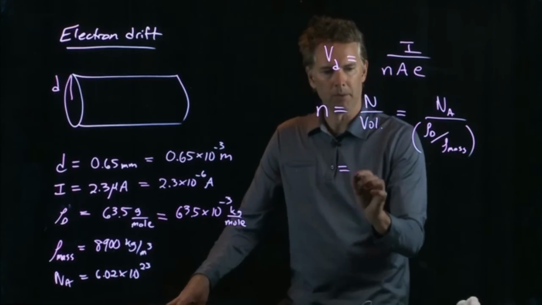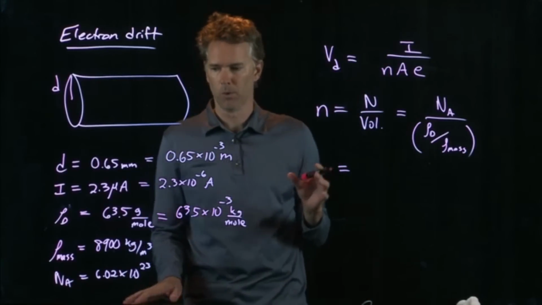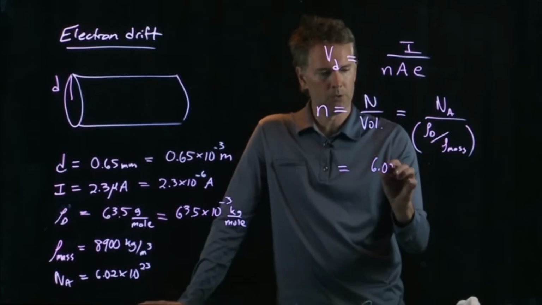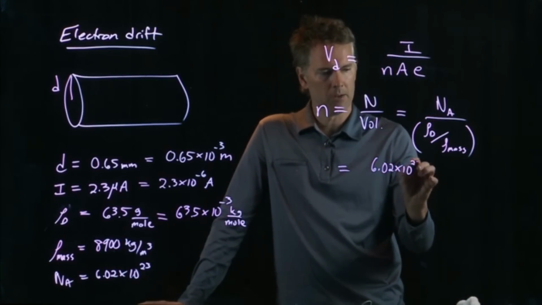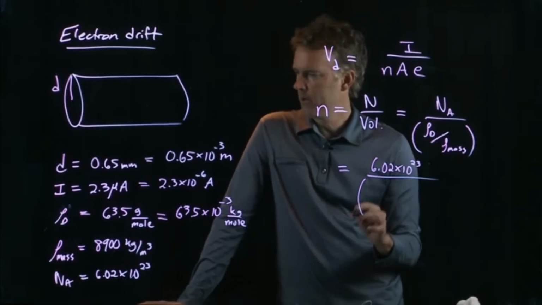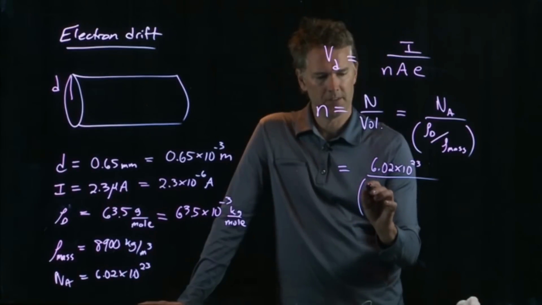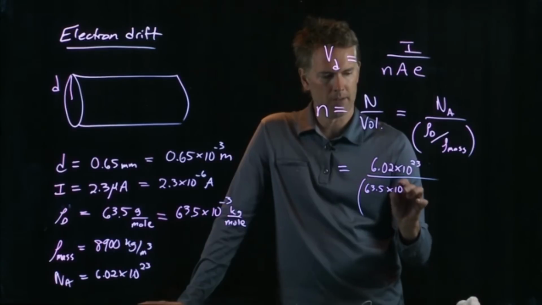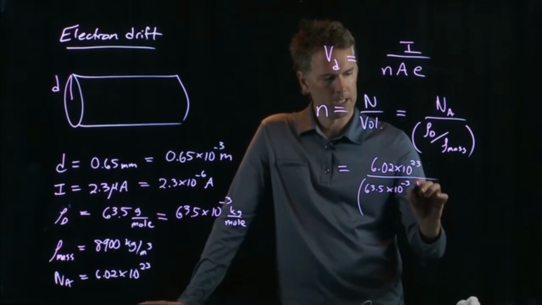And let's plug in some numbers here and let's see if the units work out right. Okay, so we've got 6.02 times 10 to the 23. And then rho d, we've got 63.5 times 10 to the minus 3 kilograms per mole.